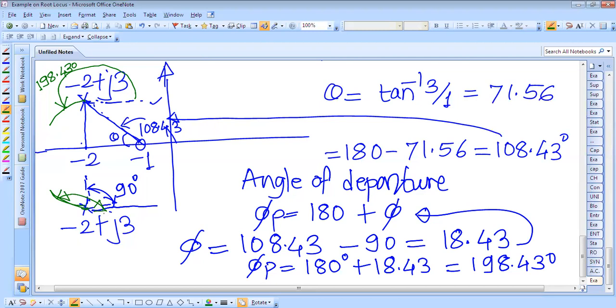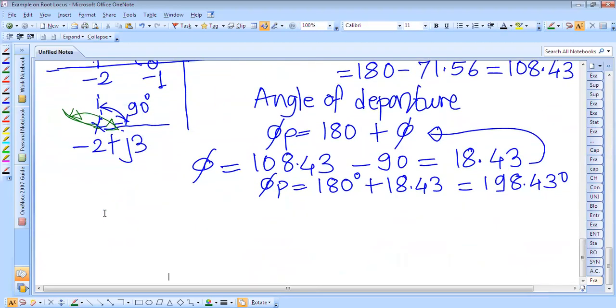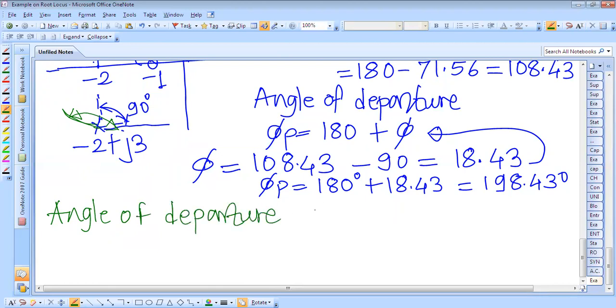So the angle of departure from this point, that is, this is because of this phi of -2 minus j3, and this is because of -2 plus j3, this phi p. Okay.